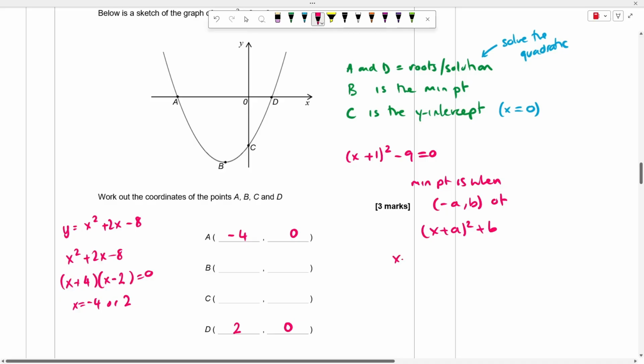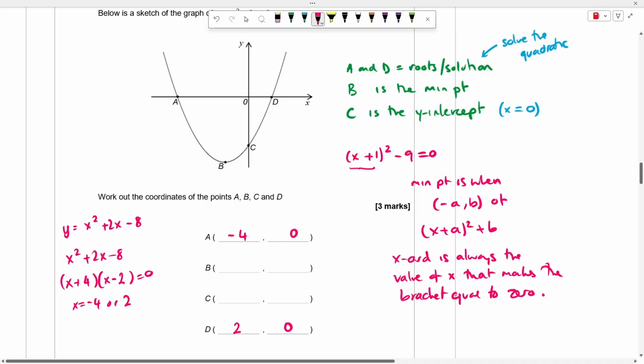Now the x ordinate is always the value of x that makes the bracket equal to 0. So looking at this, the value of x that makes that bracket equal to 0 is going to be negative 1. And the y ordinate is always this, the y ordinate of the minimum point. So B is going to be at -1, -9.